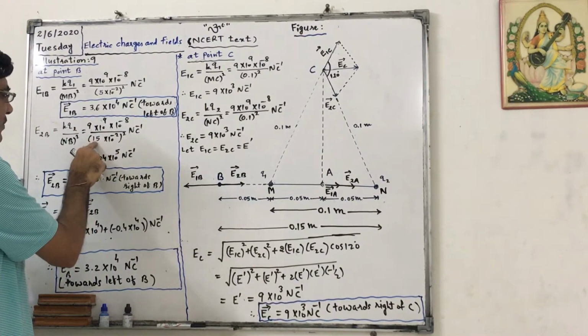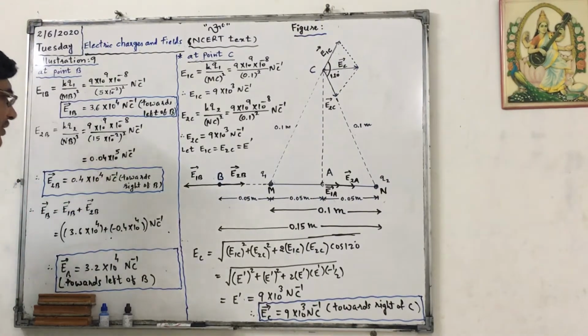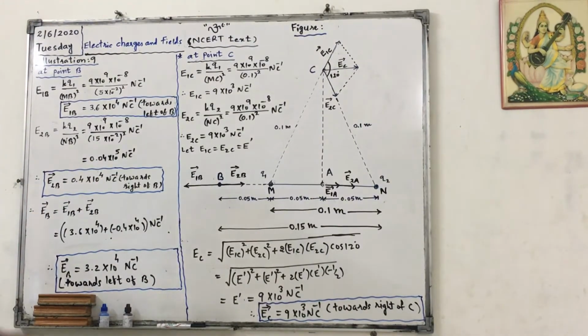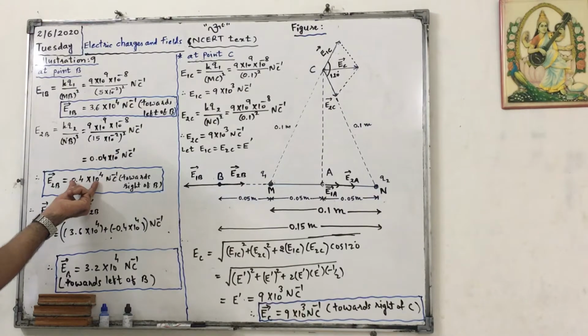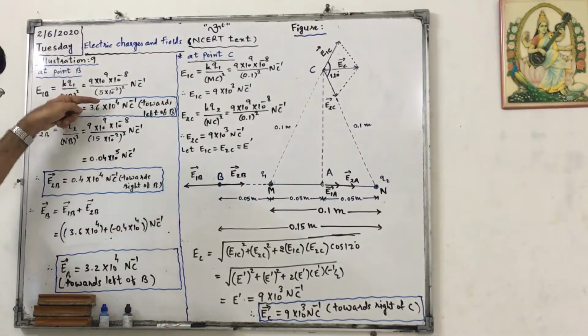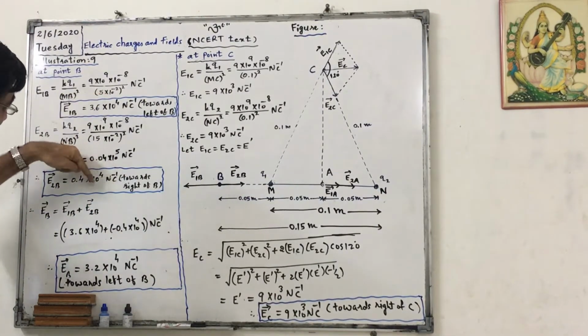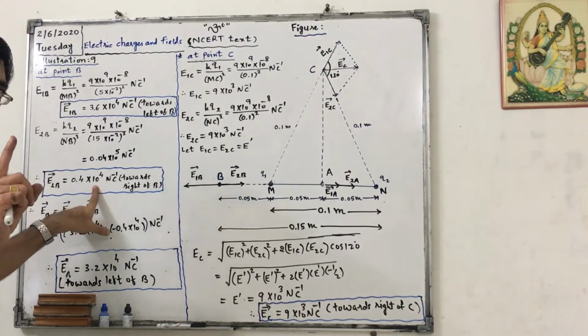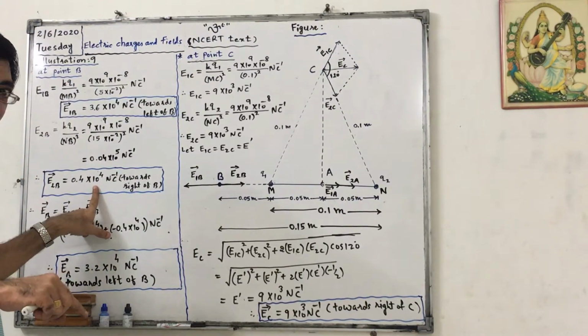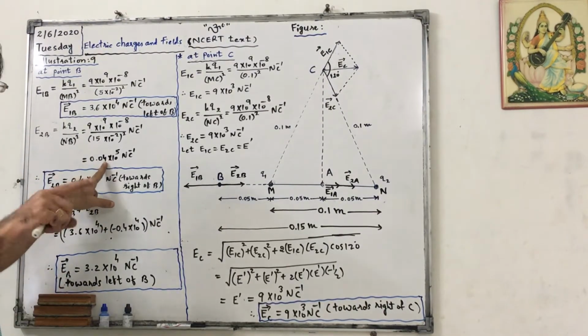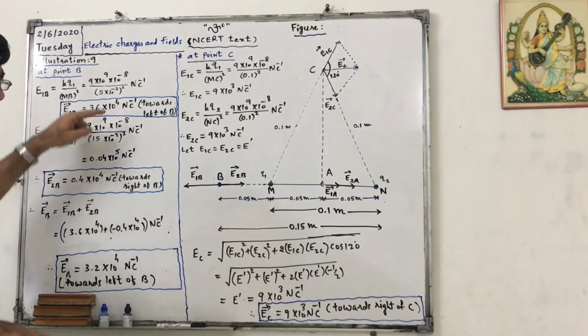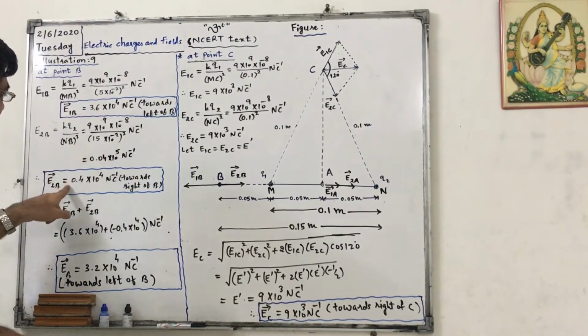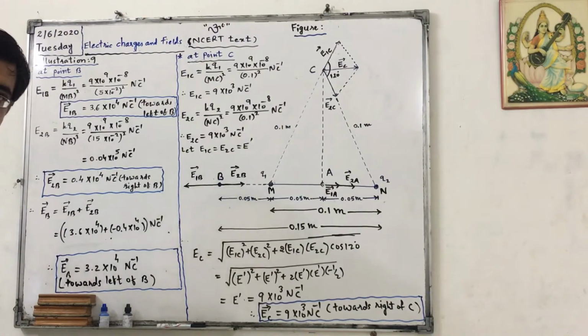9 divided by square of 15, that is 225. 9 upon 225 will be equal to 0.04 into 10 raised to 5. We will write it like this, 0.4 into 10 raised to 4, in order to make the power the same. This is not scientific notation actually. In scientific notation it should be written as 4 into 10 raised to 3. But in order to have the same power, I have written 0.4 into 10 raised to 4 Newton per Coulomb.